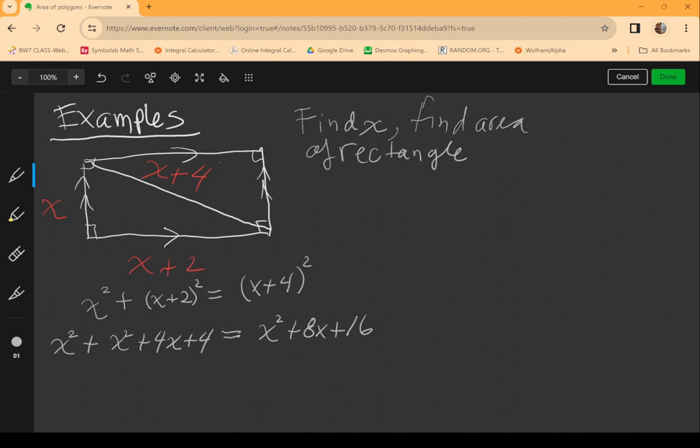Okay, so here I can combine like terms. So we'll get 2x squared. So it looks like I'm going to have a quadratic equation. As always with this, the quadratic formula would work. The first step in doing that is I have to set it equal to 0.